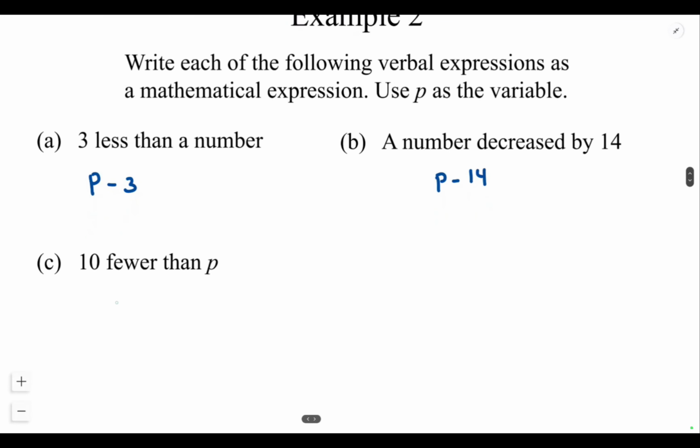So that would be 10 minus P. I mean, P minus 10, sorry. 10 fewer than P. That means whatever P is, it's less than that by 10, or whatever that unknown number is that you're finding. So just keep that in mind. When you're talking about subtraction, you may see less than, you may see decreased by, or you may see fewer than.